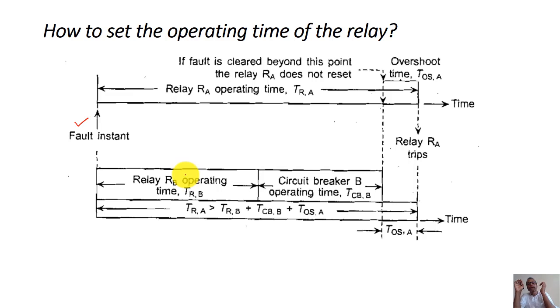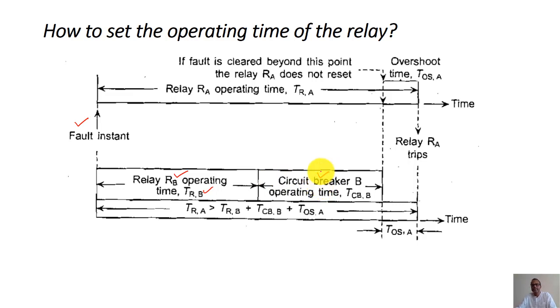But still there will be a certain operating time for relay B, which we call the relay RB operating time, or TRB. Then after that, the relay will give the signal to circuit breaker B, and obviously it will take some time.